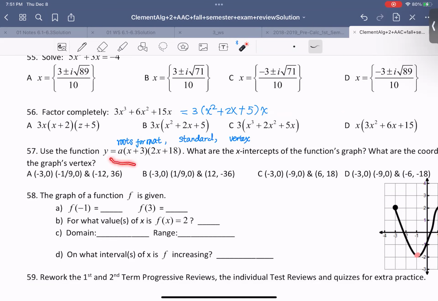If you say, I need help to change this guy to standard format and the vertex format, unmute yourself. I go through this with you together.